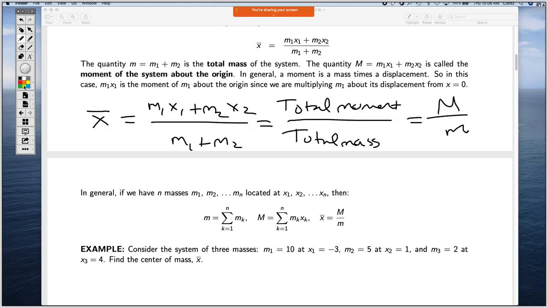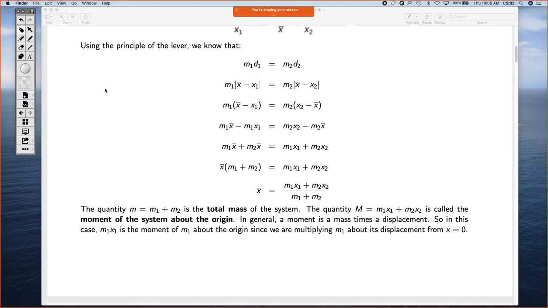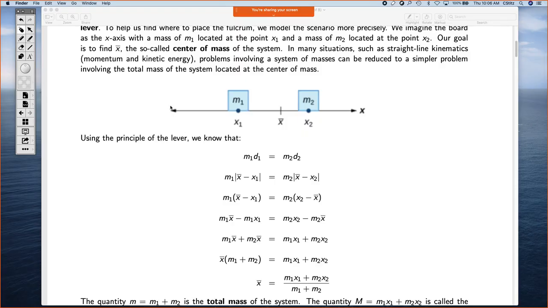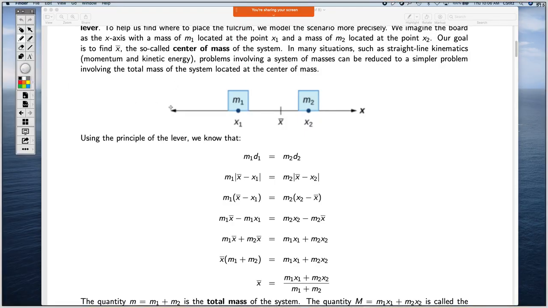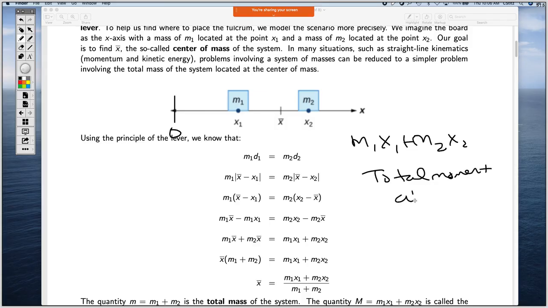Now this total moment, if we think about what's actually here, if we think of the origin being here, then the m1 x1 plus the m2 x2, this is the total moment about the origin. Okay? It's the total moment about the origin.